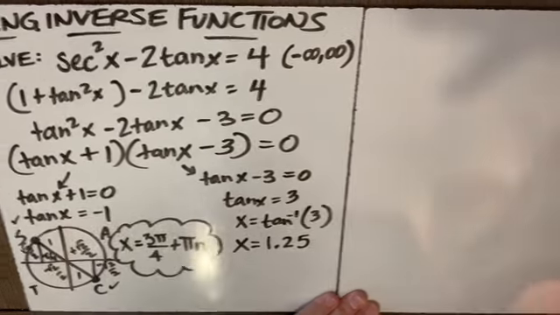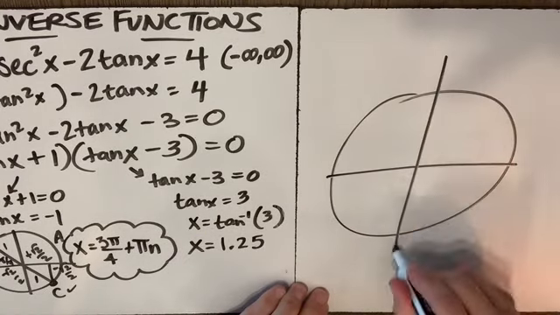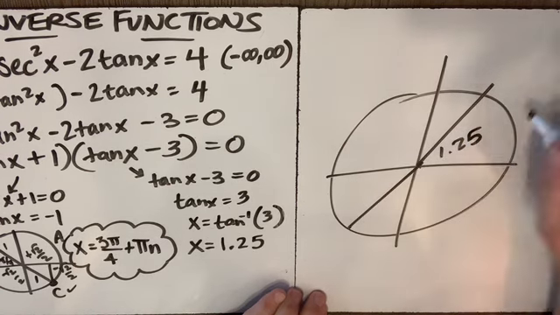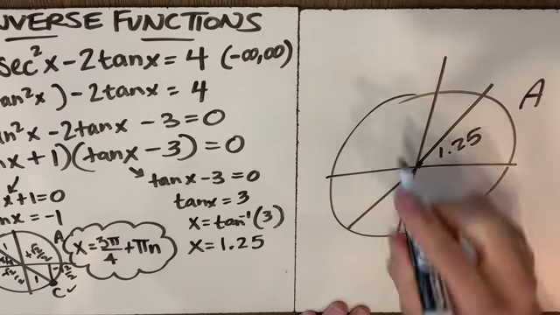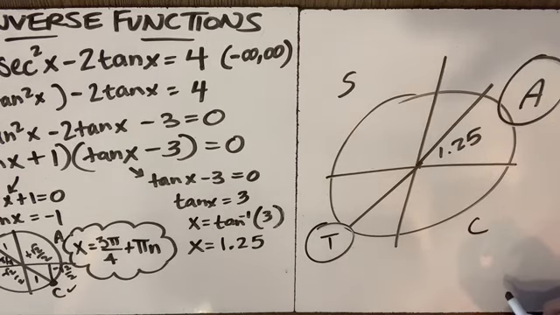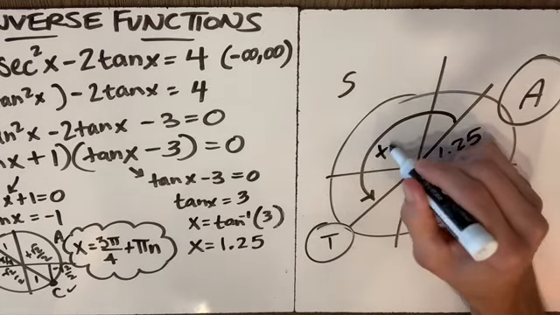From using my inverse tangent, that's one answer: 1.25 radians. How do I get the other answers? Because all students take calculus, tangent is positive in both of these quadrants. So to get from here to here, I have to add pi.